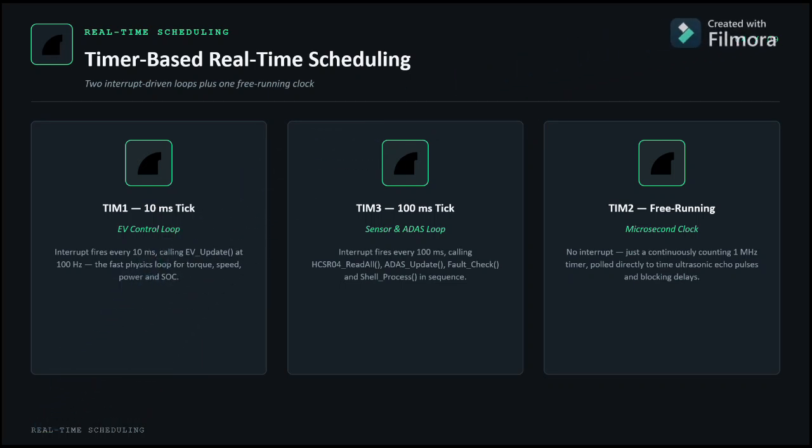For Timer 2 there is no interrupt, just a continuously counting 1 megahertz timer, polled directly to time ultrasonic echo pulses and blocking delays. So these are about the time-based scheduling.